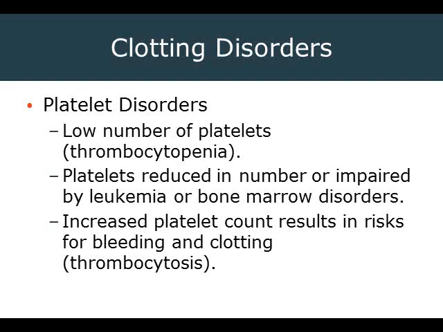And an increased platelet count results in a risk for bleeding and clotting, or thrombocytosis. So we have the two extremes there. We have low, which is thrombocytopenia, or high, which is thrombocytosis.